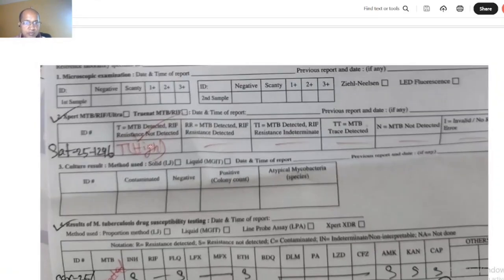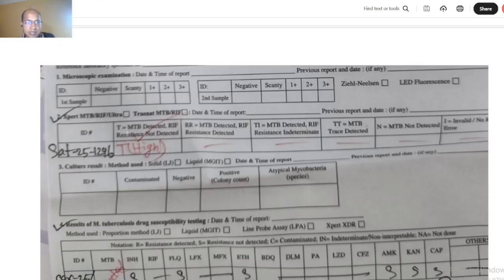Okay, this is the sputum for MTB or acid fast bacilli and GeneXpert. So this is the GeneXpert report done in our country in Bangladesh. Xpert MTB/RIF Ultra TrueNat.